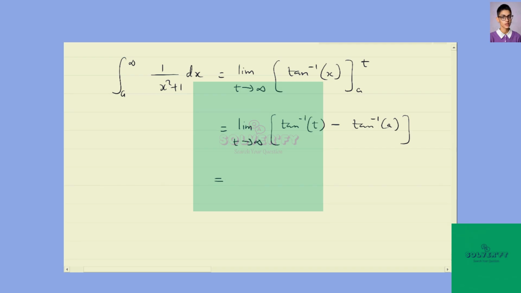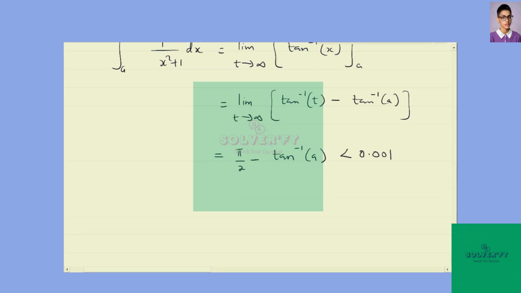So this can be pi on 2 minus tan inverse of a. But we have been told that the whole thing here is less than 0.001.